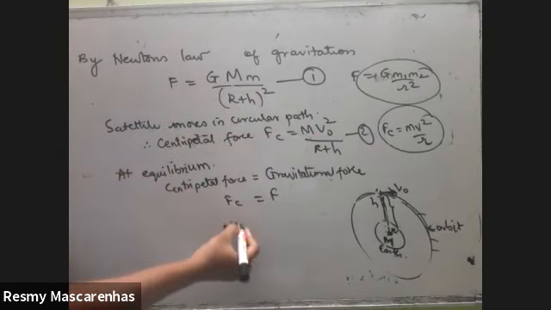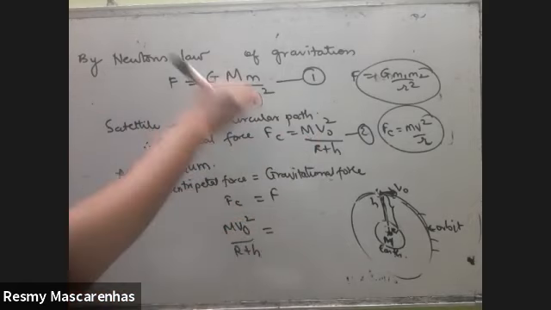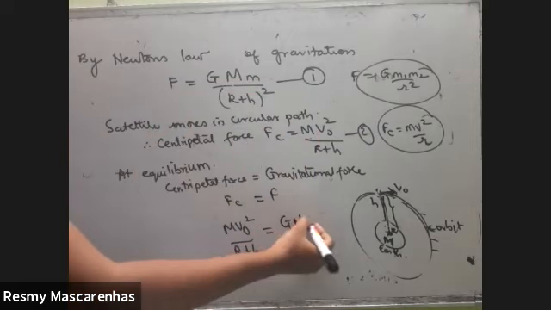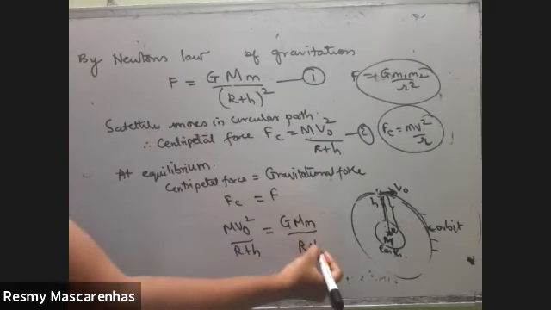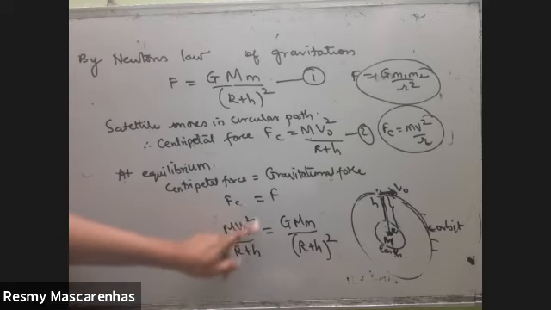So m v square equals G M m upon r plus h. Now our aim is to find the orbital velocity, basically this. So only this I want to find, I'll keep it on one side, the rest of the terms I'll take to the other side.